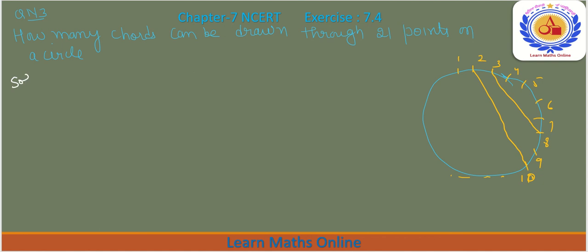So very simple, we can calculate in a very simple way. So total number of chords will be equal to 21C2. I already told about the chord, that a chord is just a combination of two different points on the boundary of the circle.